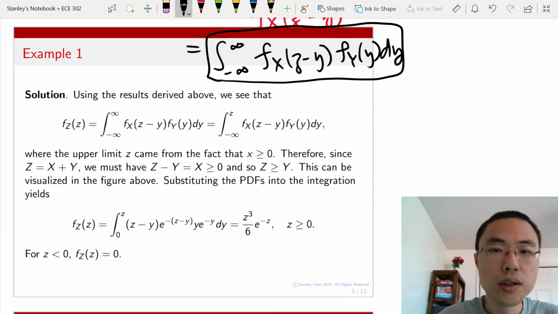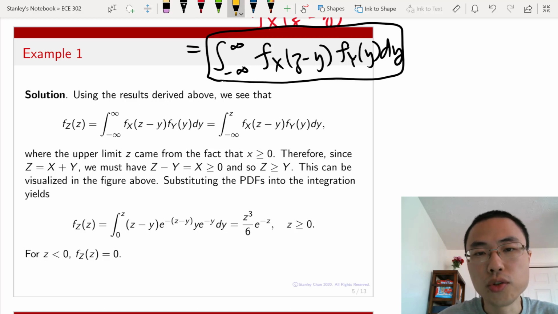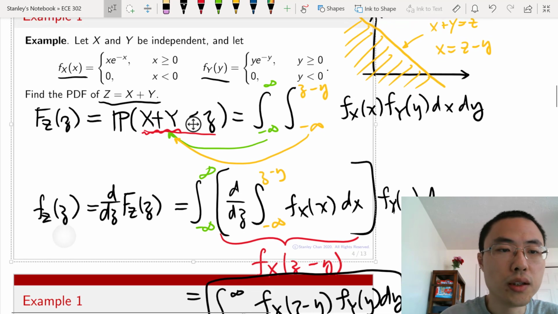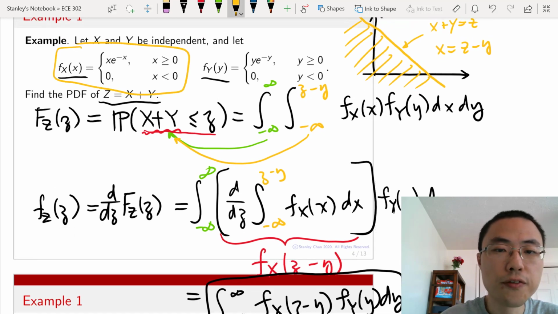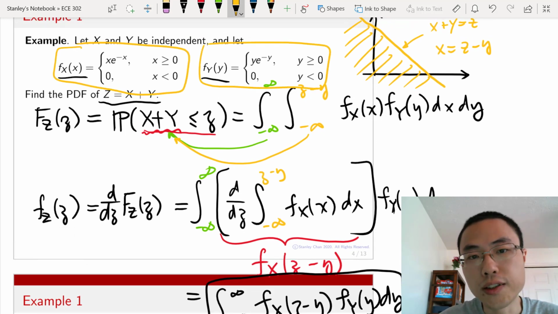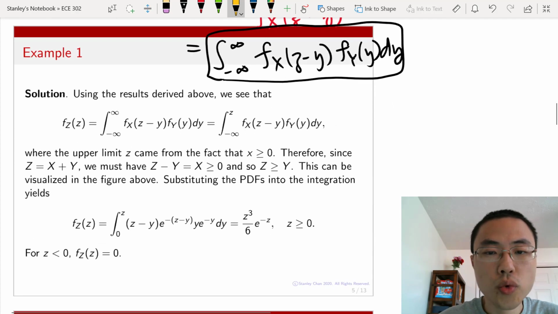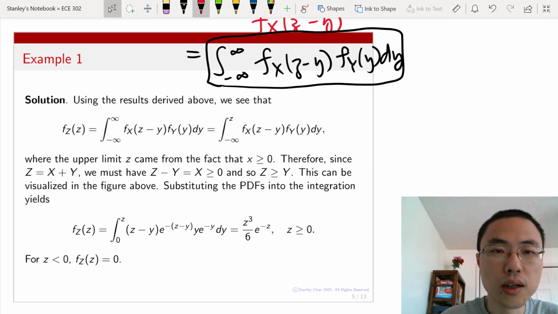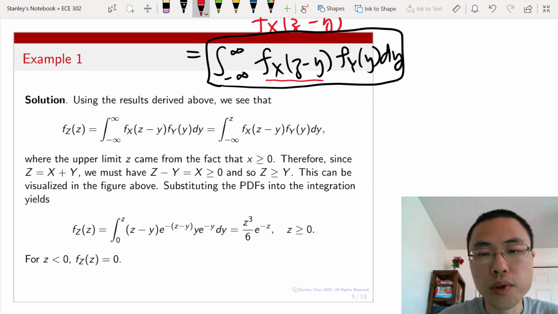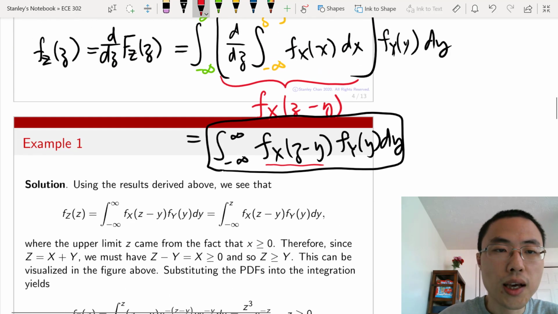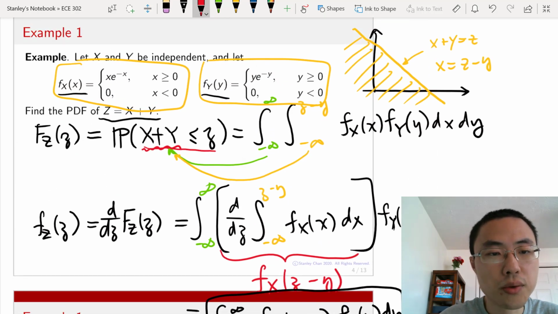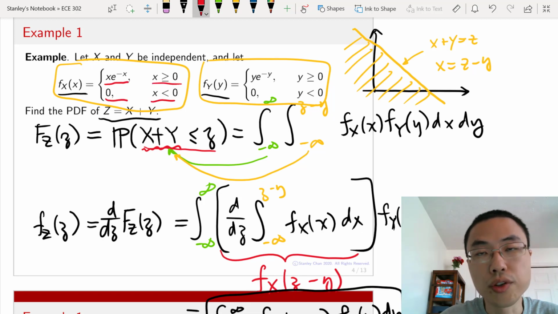Now let's start with this convolution, and what we want to do is plug in these two specific forms of fx and fy. What is fx? Fx is given by this equation. You have something for these two ranges of numbers.